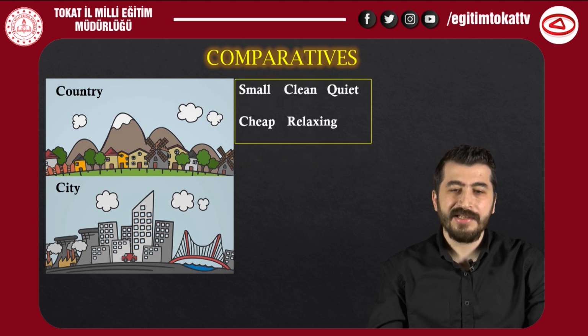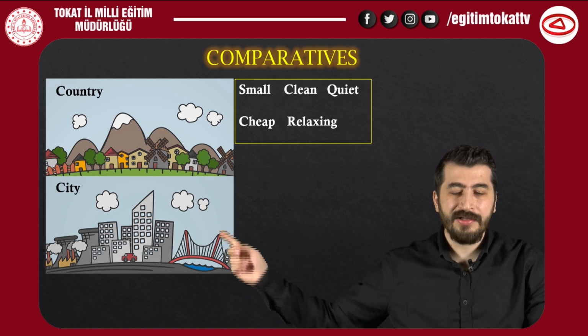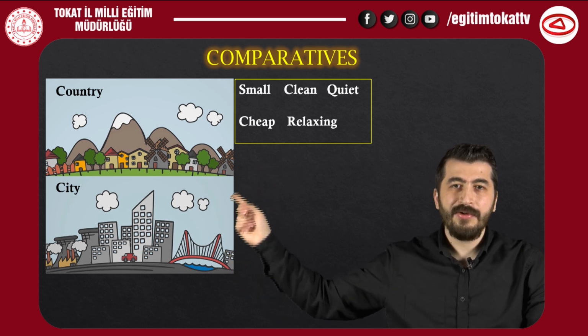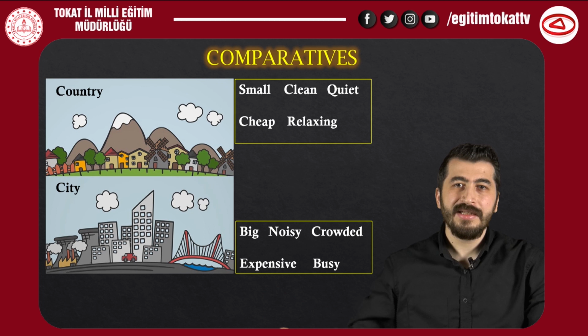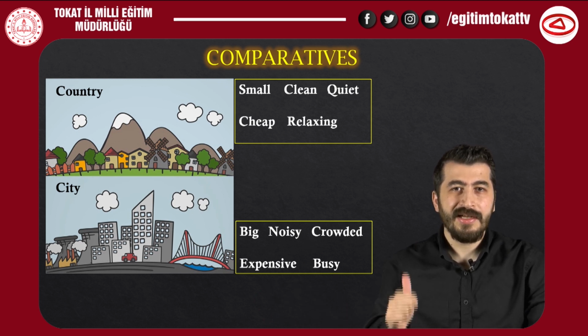What kind of adjectives? Small, clean, quiet, cheap, and relaxing we can use for country. And for city, we need big, noisy, crowded, expensive, and busy. We learned these adjectives in our last lesson.